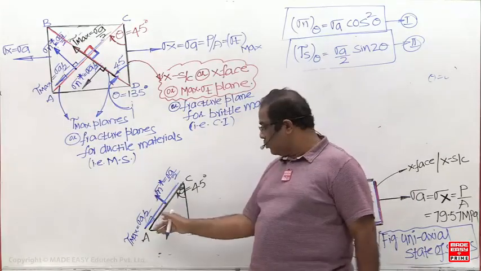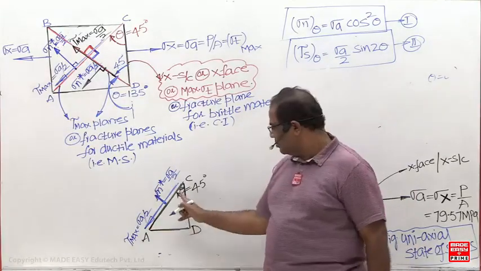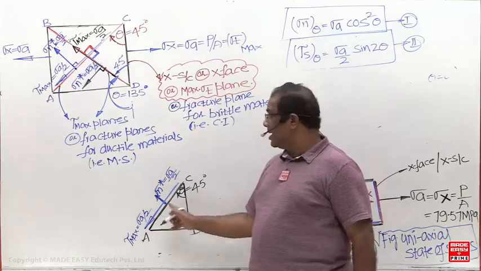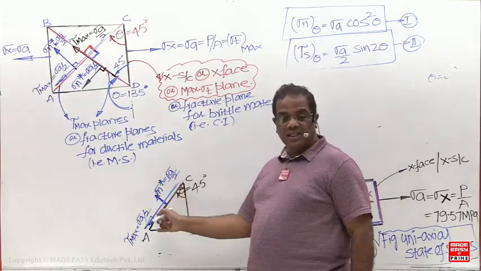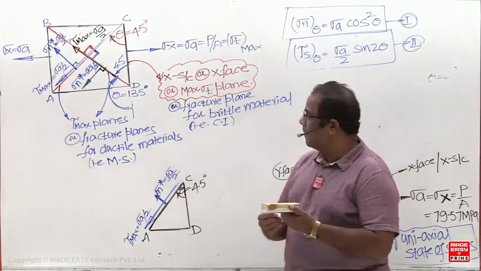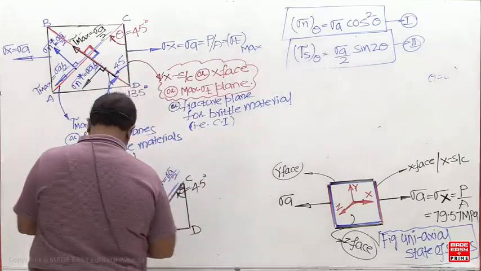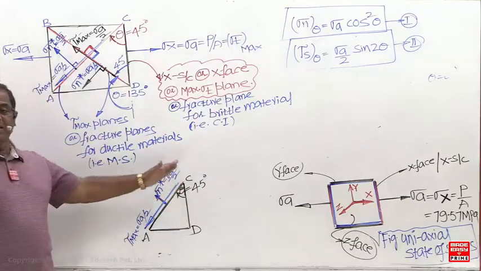It is a tensile, but how to decide whether this is clockwise or anti-clockwise? For this plane, you are going to get a parallel plane. For this one, you are going to get one parallel plane. Complete the remaining part of the square now.